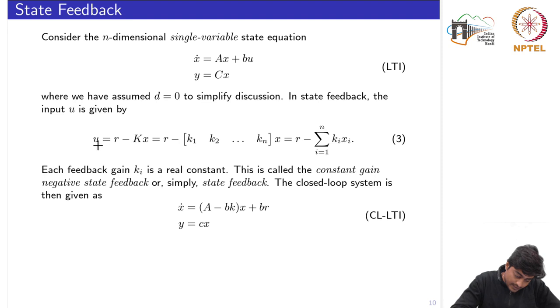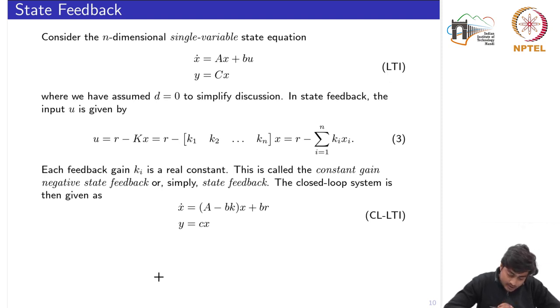Now if we substitute this u into the model of the plant, we would get x dot is equal to A minus BK times x plus Br, and y is equal to Cx. We have specified this as the closed loop LTI system, and this one is only the LTI plant.